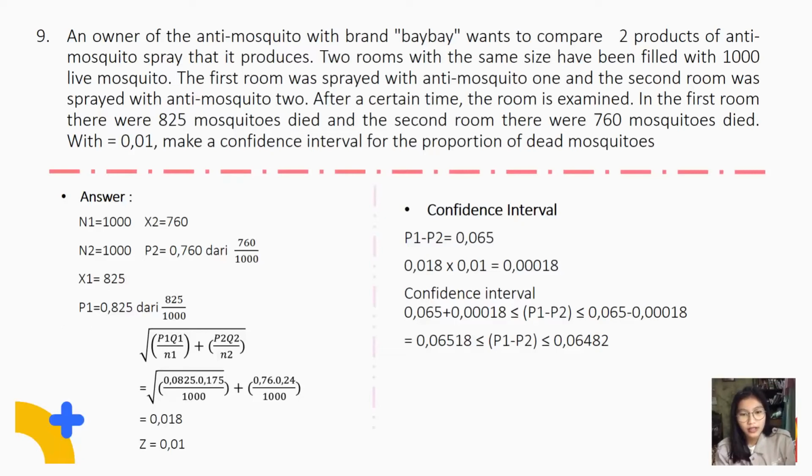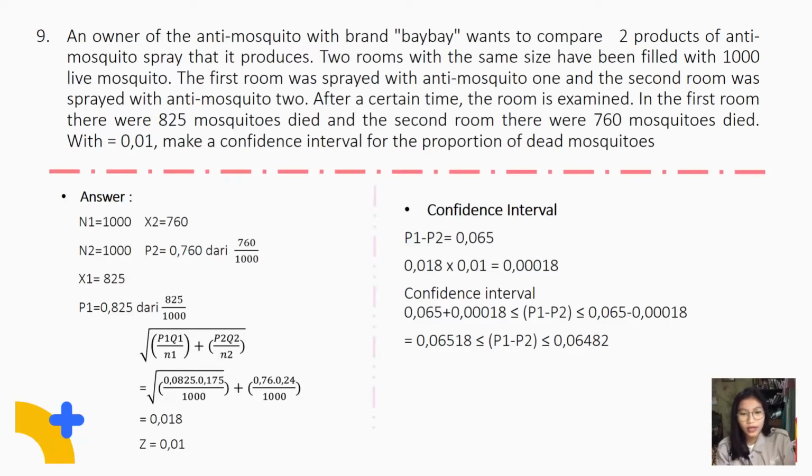The answer is n1 is 1000 and x2 is 760 and n2 is 1000 and p2 is 0.760 from 760 over 1000, and x1 is 825 and p1 is 0.825 from 825 over 1000.